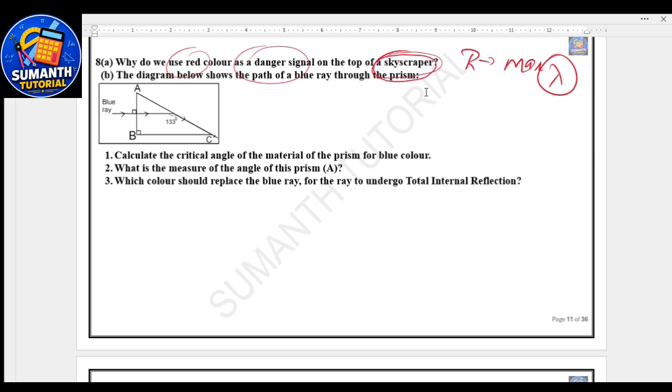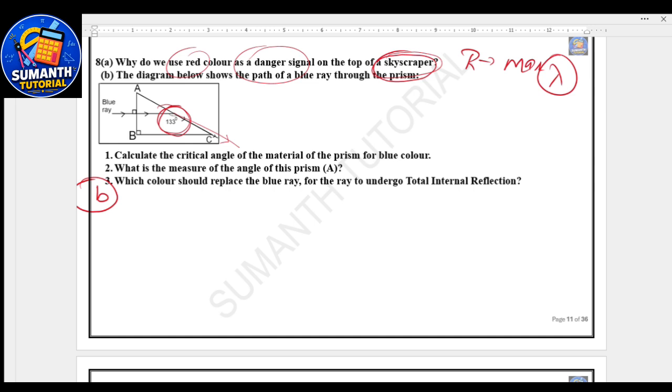This is the question. Now see here. To solve B, I want you to concentrate and observe. Observe here, the line is tracing this path, means it's very clear this is critical angle. This part is critical angle, i is equal to C. Keep that one in your mind.